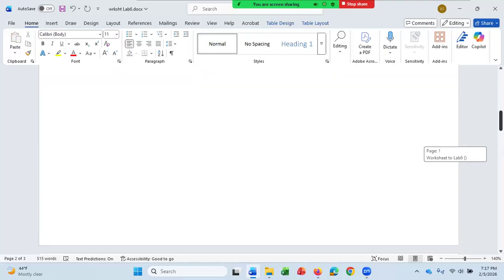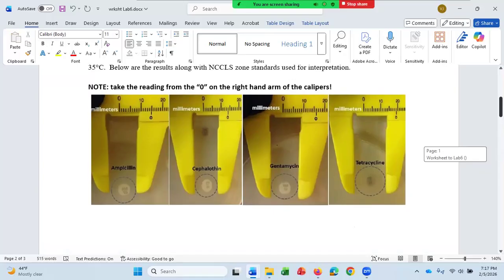Now, how you measure the size of the zone of inhibition is you do not measure from here to there, which would be about 9 millimeters, maybe 9.5, 10. Because if you notice, the 0 is not here. So you don't measure from there to there because the measurement starts from 0. And so you go from 0 to 0 to get your measurement of the diameter.